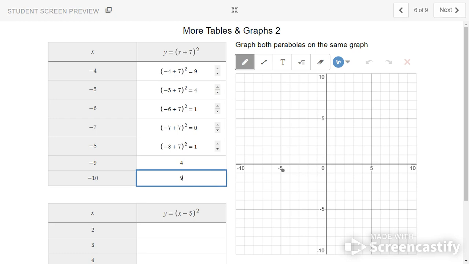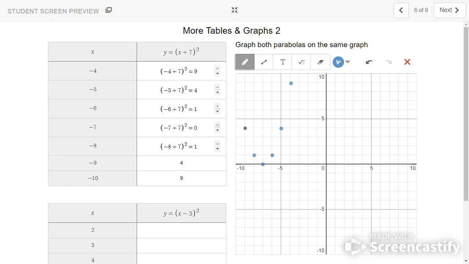Okay, so we have negative 4, positive 9. Negative 5, positive 4. Negative 6, 1. Oops, I'm going the wrong direction. Negative 5 and 4. Negative 6 and 1. Negative 7, 0. Negative 8 and 1.